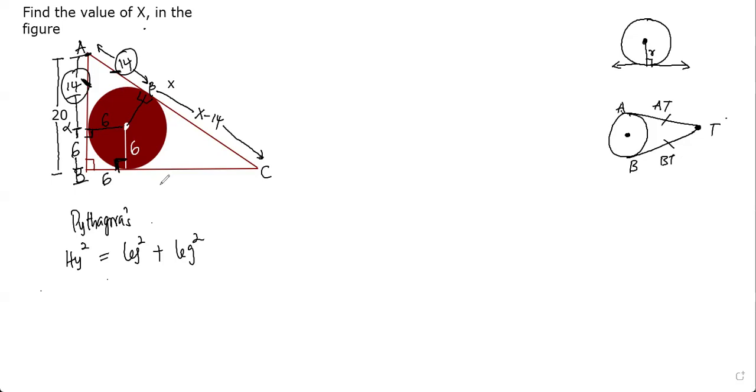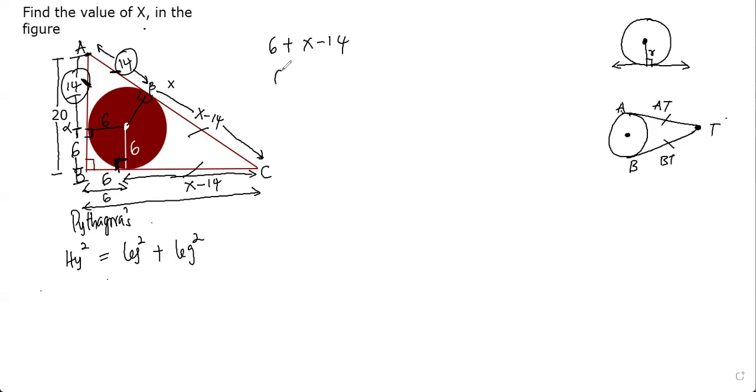And if you come down to this point, you can see this is also another tangent. So they are going to be equal. So this from this point here to this point here, which is C, is still going to be x minus 14. And you already know that from here to here is 6. So the whole distance from here to here will be 6 plus x minus 14.